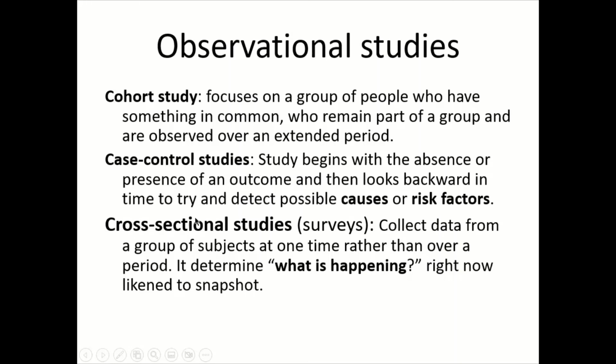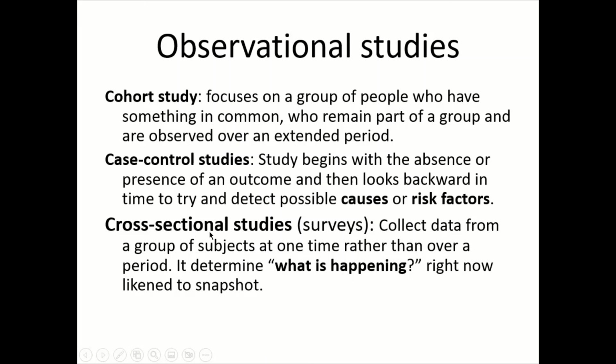Then the common cross-sectional studies that we use most of the time in public health diagnostic studies, we conduct surveys. Now, this particular type of study collects data from a group of subjects, a part of an entire population, and measures their characteristics at one time rather than over a period, unlike the case control and cohort studies.